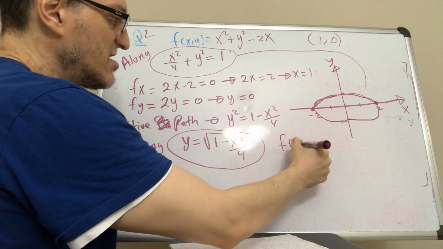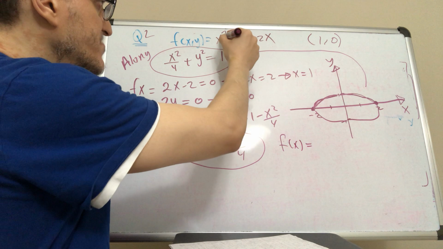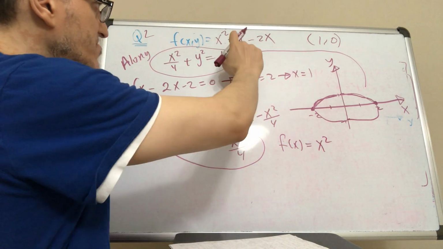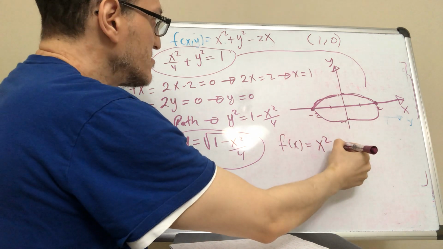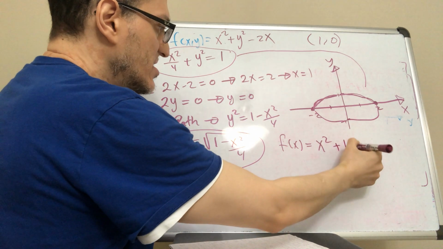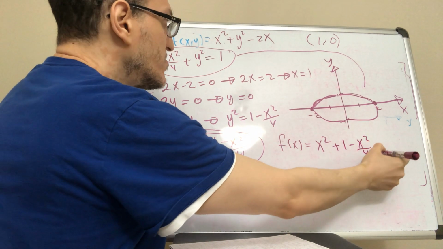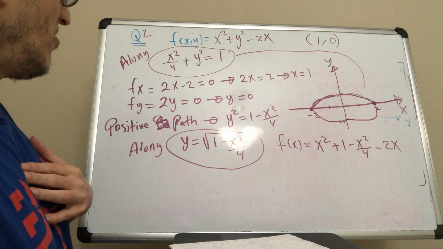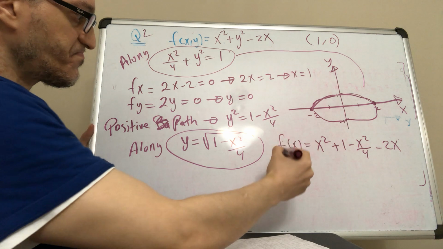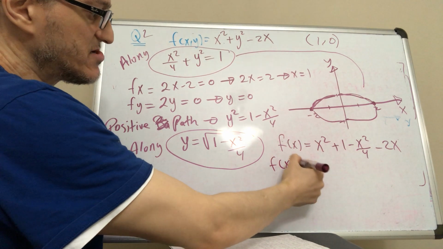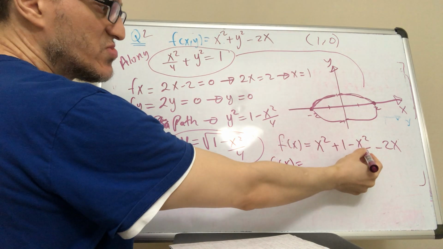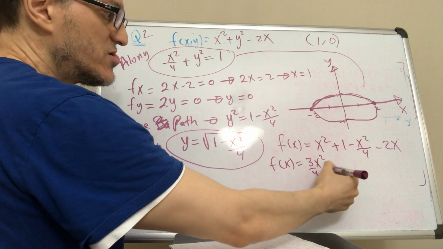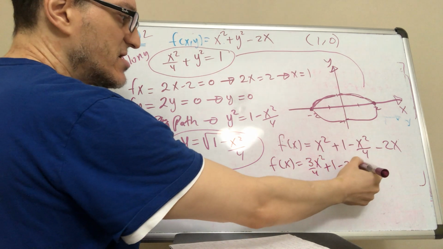The function becomes in terms of x only. This is x squared. Replace y squared by this: 1 minus x squared over 4, minus 2x. So the function is x squared minus 1 over 4 x squared, which becomes 3x squared over 4, plus 1, minus 2x.